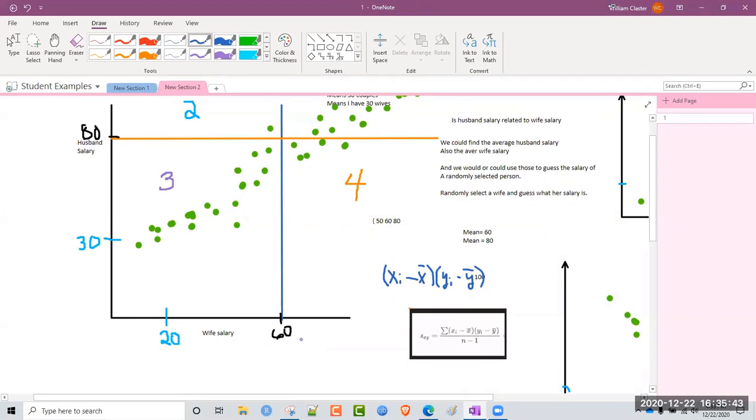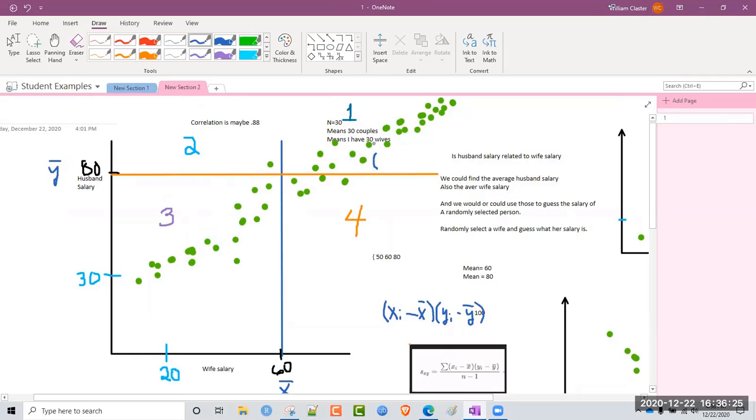Remember, here's the x-axis and here's the y-axis, and here is x bar. We said that the mean for the x coordinates was here, and the mean for the y coordinates is here. So this line represents the mean for the y coordinates, and we draw a line here to represent the mean for the x coordinates. Then we calculate for each dot.